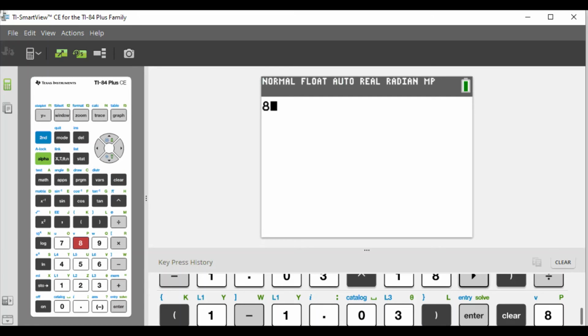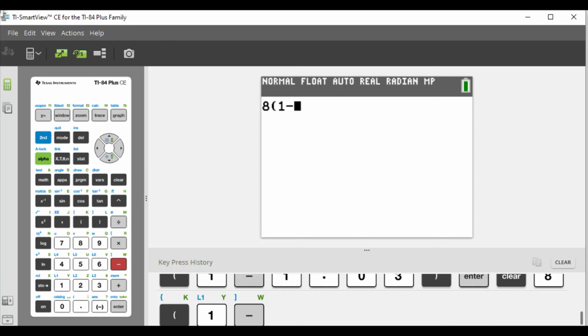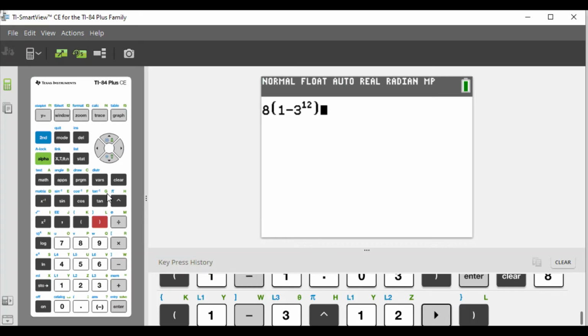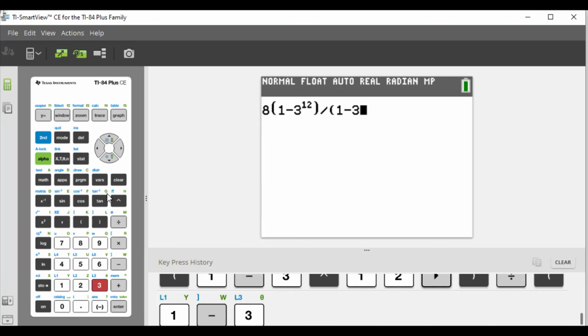So let's put this into our calculator. We have 8, open parenthesis, 1 minus 3, raised to the 12th power, close this parenthesis, divide by open parenthesis 1 minus 3. Again, you can just divide by -2. That'll be the same thing. And we see in this case, the sum of the 12 terms will be 2,125,760.